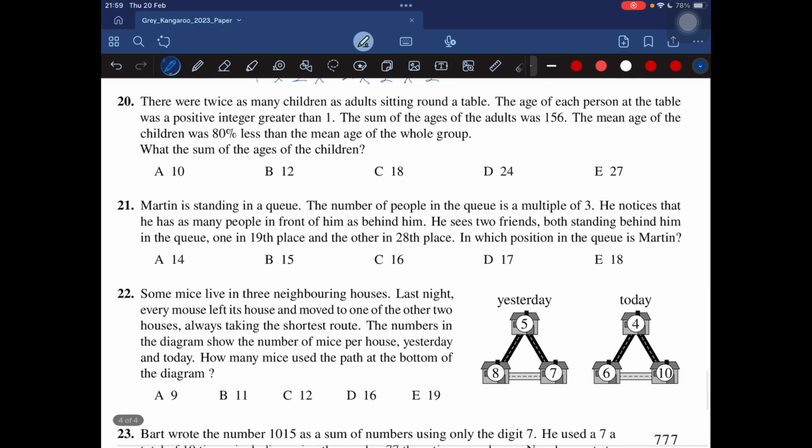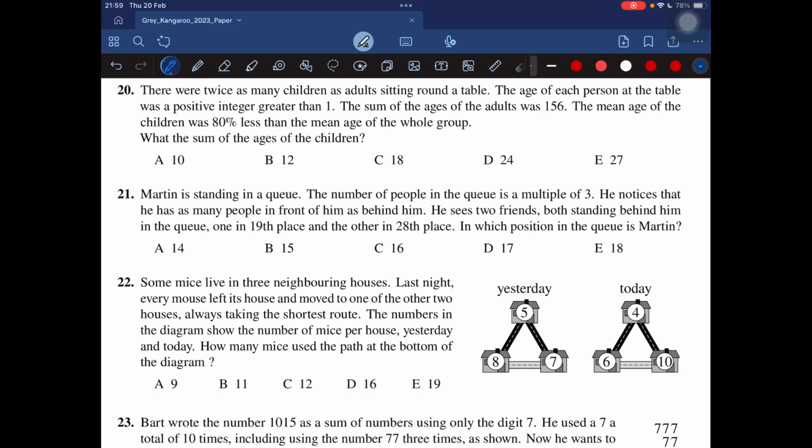And number 20, there were twice as many children as adults sitting around the table. The age of each person at the table is a positive integer greater than 1. The sum of the ages of the adults is 156.